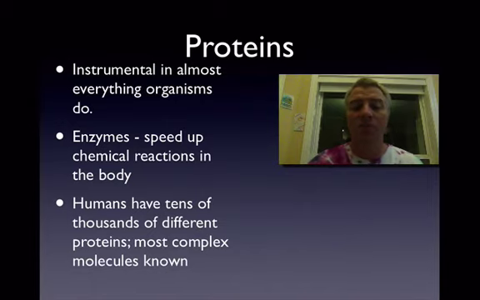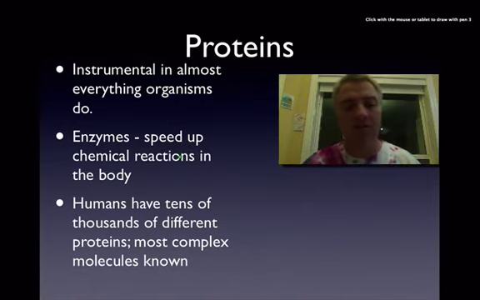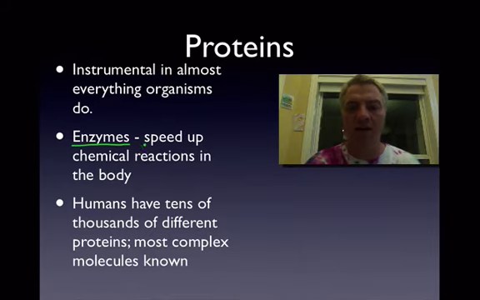And really one of the most important aspects of protein are these things here in the middle, enzymes. Enzymes play such an important role. Like it says here, they speed up chemical reactions in your body. They act as a catalyst. You probably learned about catalysts last year in physical science, but remember, catalysts speed up a chemical reaction without being used up.